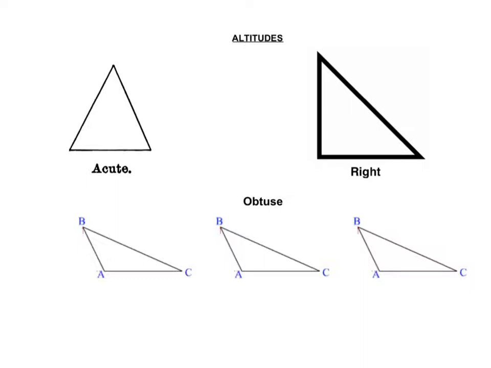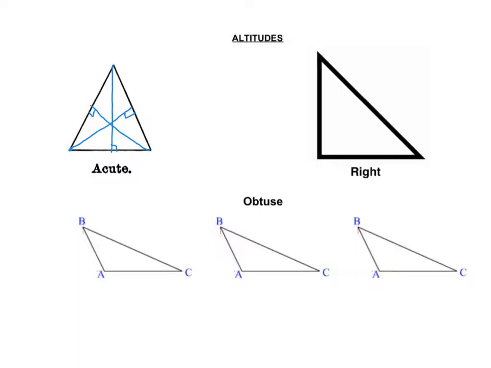If we start here at a vertex and then have a perpendicular bisector right here, that is going to be our altitude. We'd also do it from here, so it makes another perpendicular bisector. That could be our altitude. And then also from this vertex, making a 90-degree angle or perpendicular bisector. So either one of those can act as our altitude.